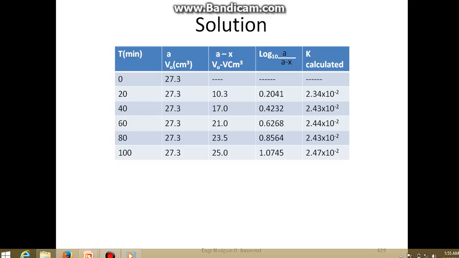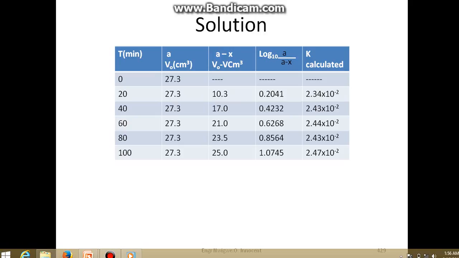So if you do the log of a over a minus x to the base 10, we have 0 for the time 0, 0.2041 for the time 20, 0.4232 for the time 40, 0.6268 for the time 60, 0.8564 for the time 80, and 1.0745 for the time 100.